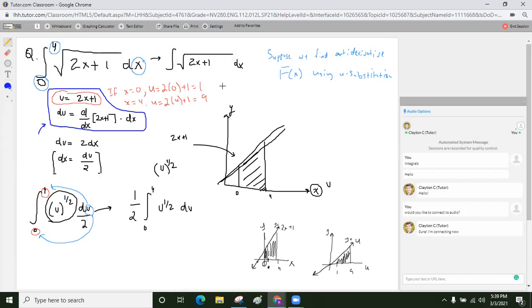So really what we did was we identified u as being 2x plus 1, and then we took the derivative of u, and we also took the derivative of 2x plus 1. In other words, we took the derivative of both sides. And then later on we actually multiplied by dx on both sides.